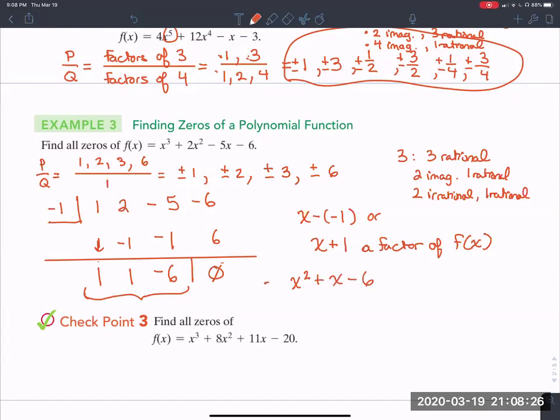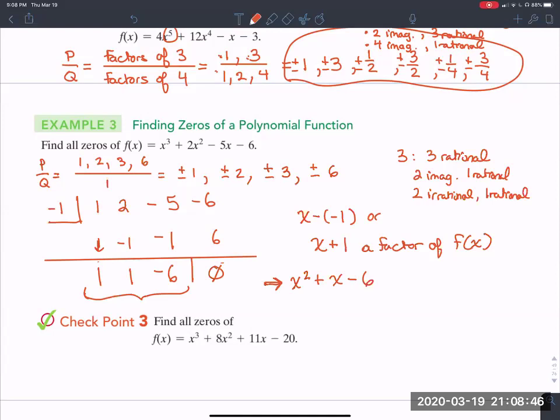I don't need to do synthetic division and trial and error to find factors of x squared plus x minus 6. I can do other things. I can either use the quadratic formula to find the factors, or I can use factoring to find the factors.